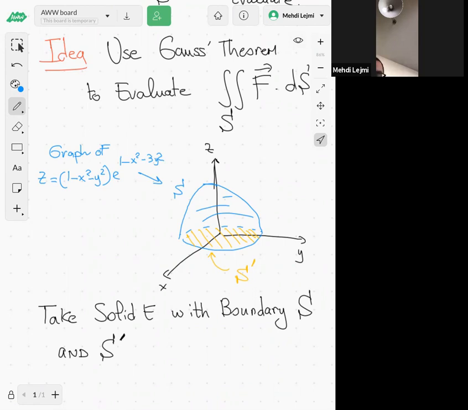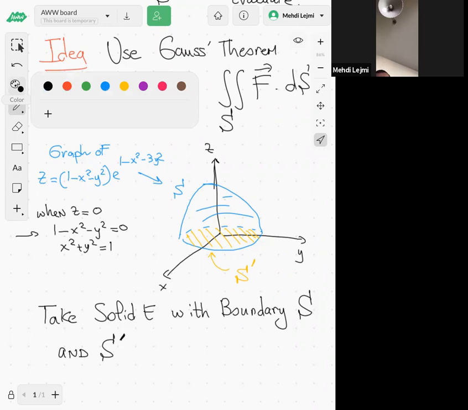Now, the bottom, at z is 0. So when z is 0, you get 1 minus x squared minus y squared equals 0. So that's x squared plus y squared equals 1. What we are saying, guys, is that when z is 0, you have this circle which lies on the xy plane, right? So we need to take the interior of this circle, because you want to close your boundary.